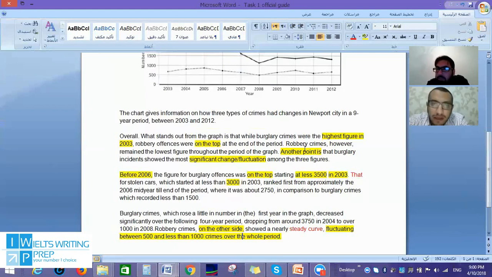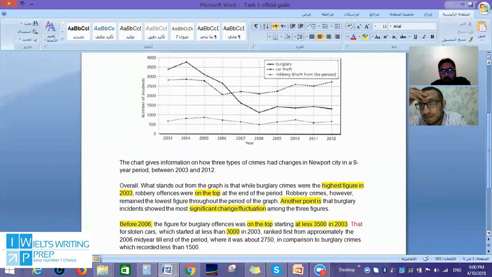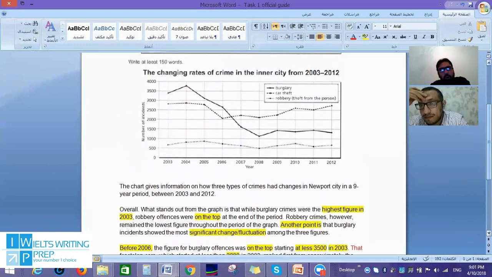By the way, could I say that the figure for robbery offenses, for example, has an overall decreasing trend, or can't I say that because it fluctuated at some time? No. If you say overall, it means from top to bottom.